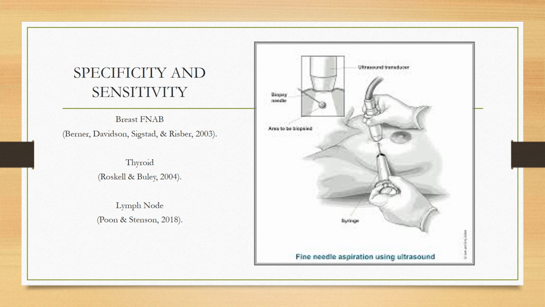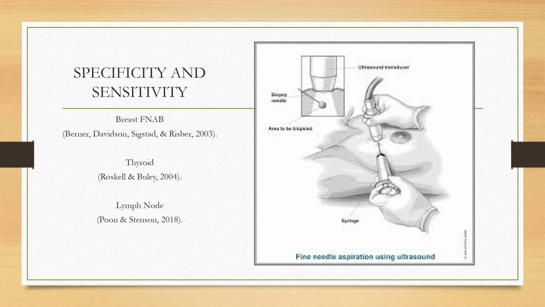So core biopsy has no false positives and a few false negatives, at 5.7%. Whereas in fine needle aspiration, you bump up to 7.1% false negatives and 1.7% false positives. And that was specifically for breast specimens.